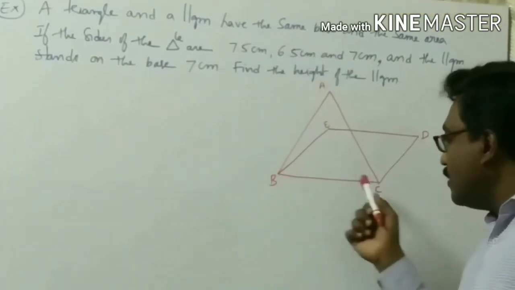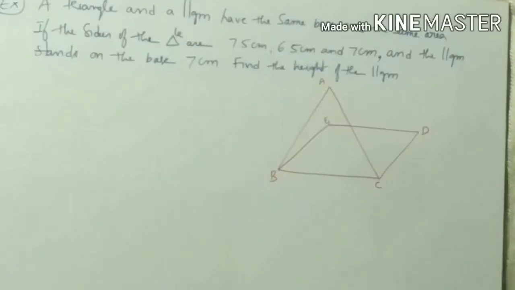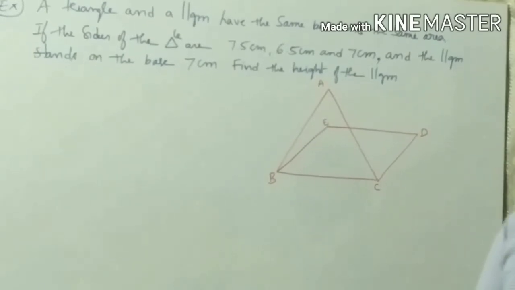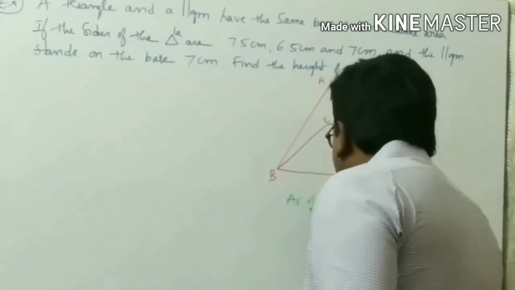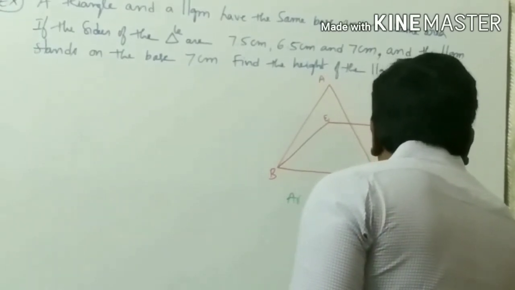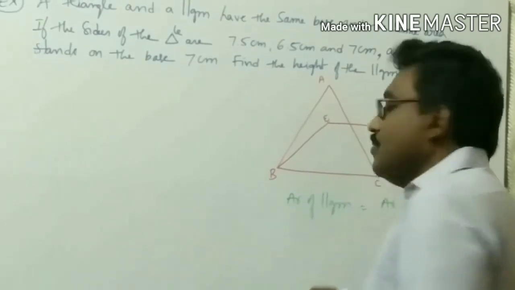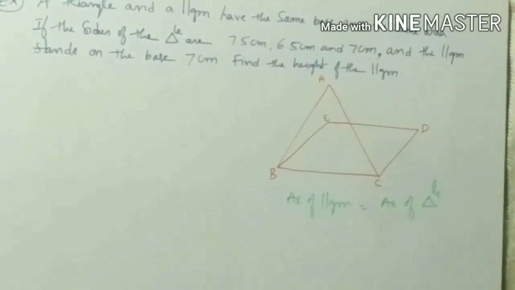What is the base? BC. And the same area. That means area of parallelogram is equal to area of triangle.